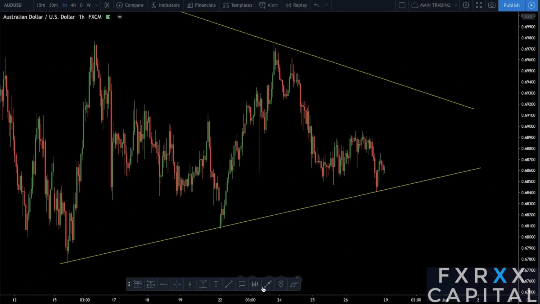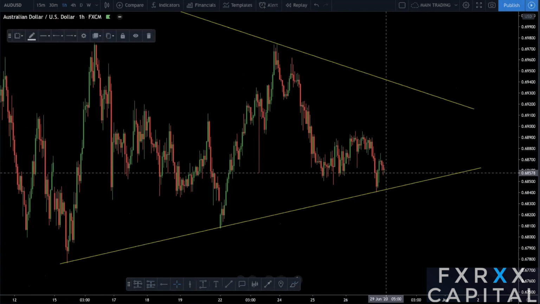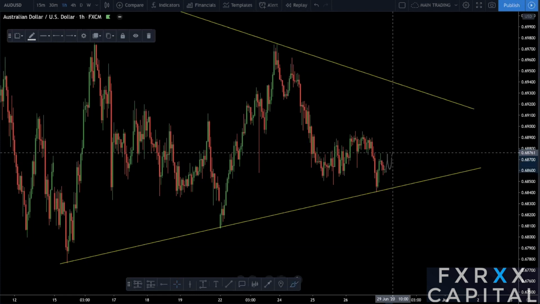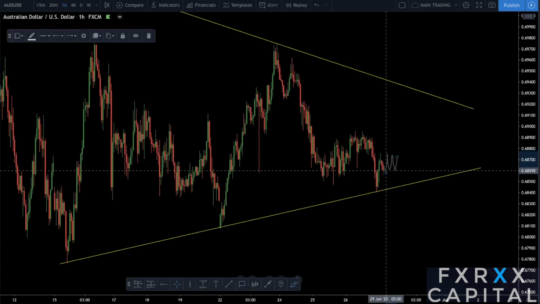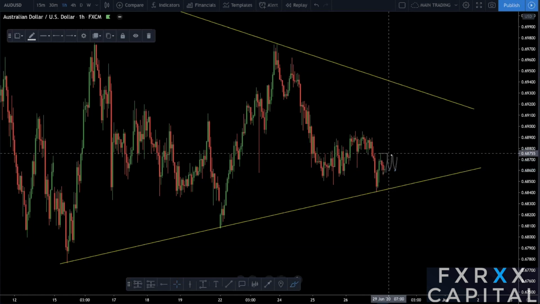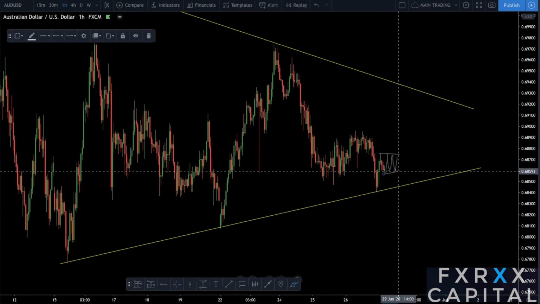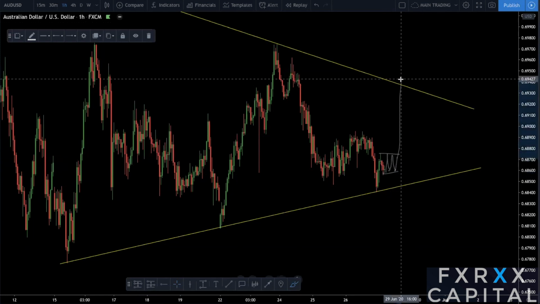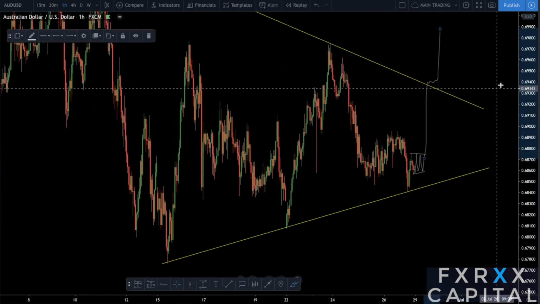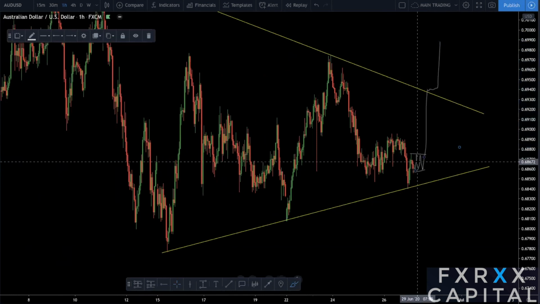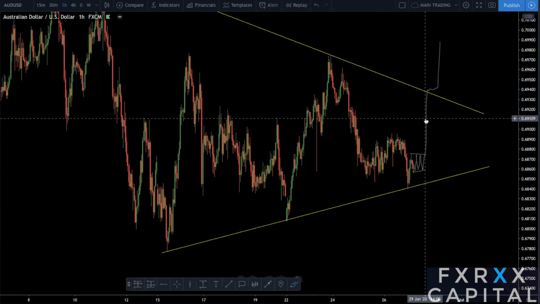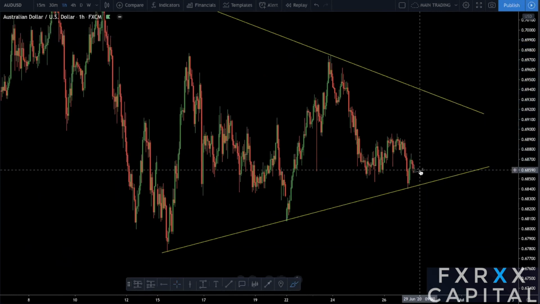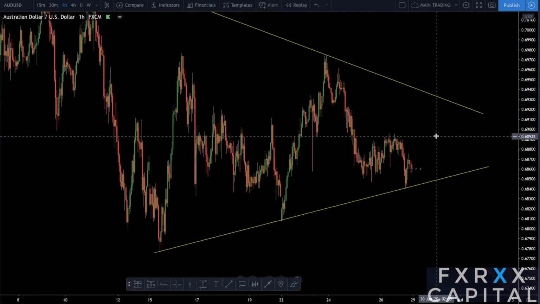So I will wait for any flag here. If the flag shows a third touch, I will draw a trend line here and buy the position. That's the way I'll wait for this opportunity from the Aussie dollar.